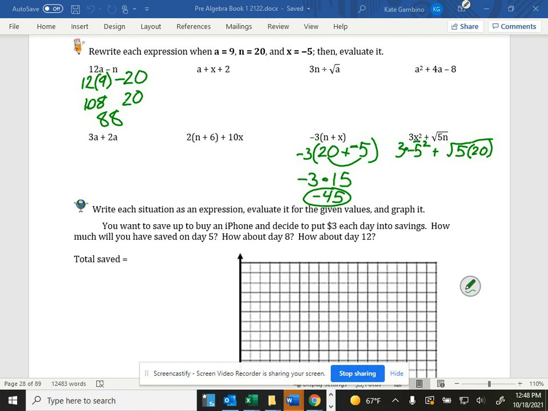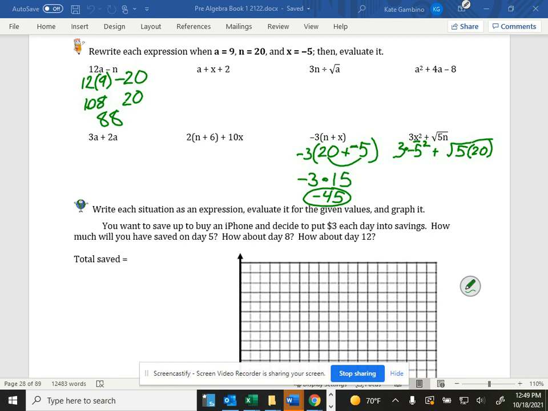Wouldn't you multiply it -5 times -5? So what is the answer? Which sign is it, positive or negative? It would be a positive 25, because we know -5 times -5 is two negatives. So it would be a positive 25 times 3 plus the square root of 5 times 20.